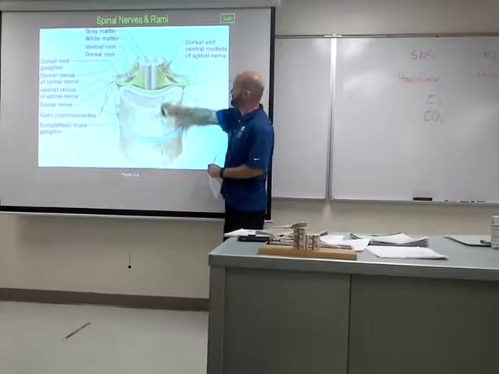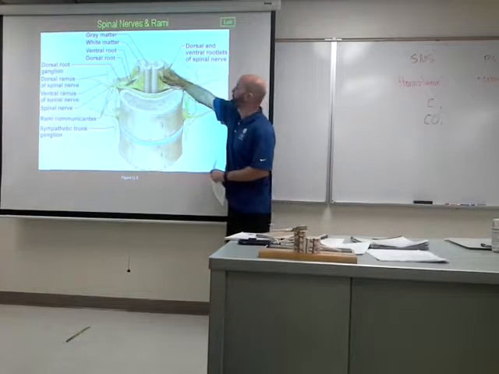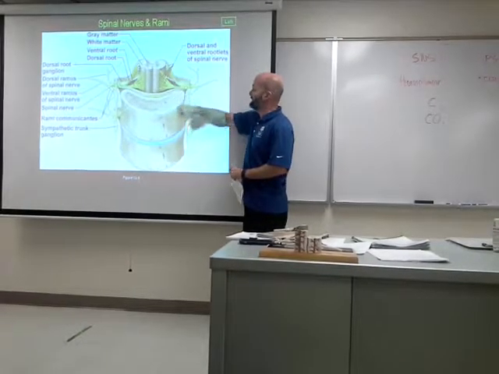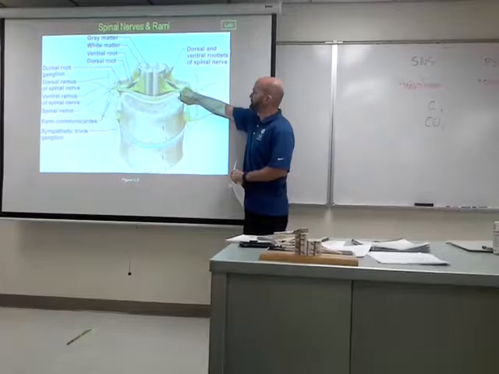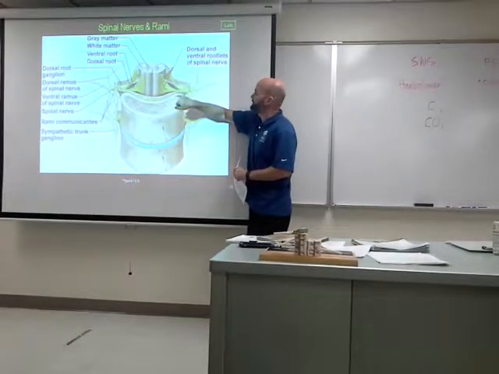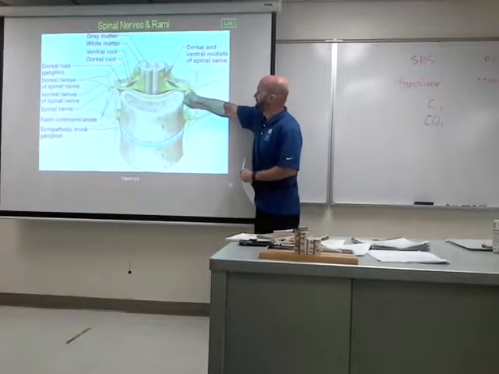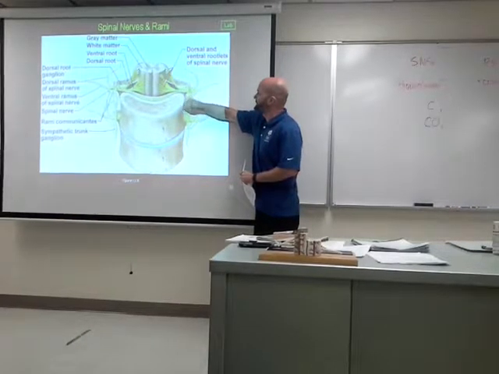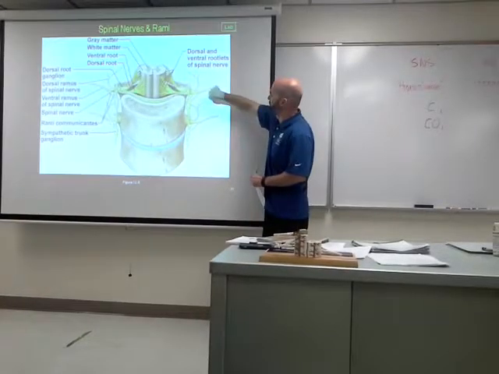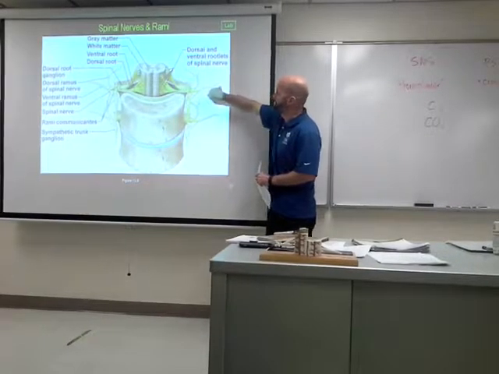Ventral rootlets, ventral root, dorsal rootlets, dorsal root, dorsal root ganglion. Dorsal root, ventral root fuse together to form spinal nerve. Spinal nerve then branches. This is rami communicantes. This is dorsal ramus. And this is ventral ramus.